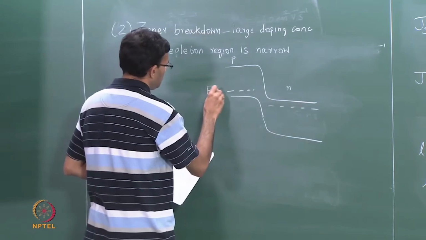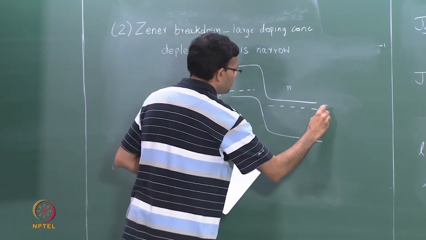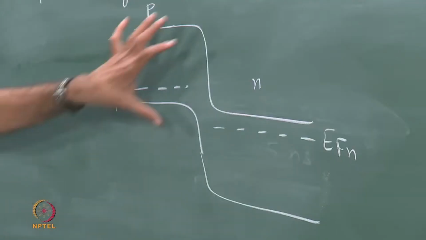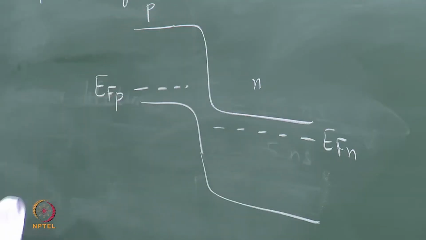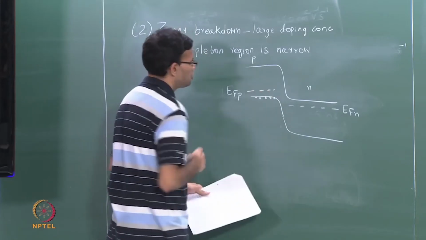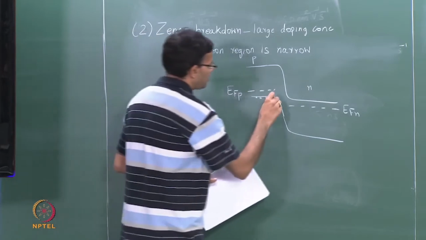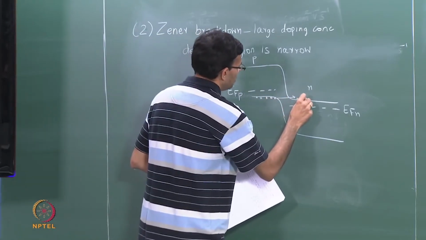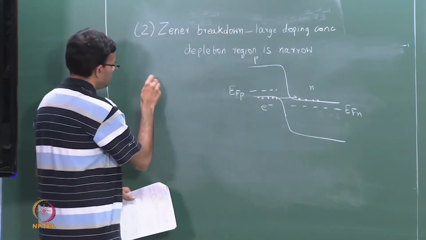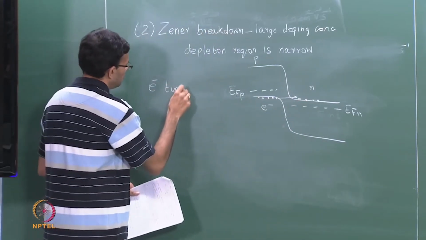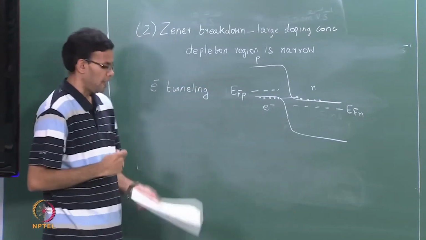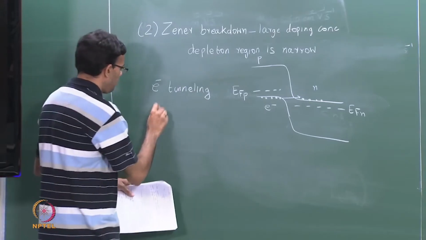These are the Fermi levels. So, we are in reverse bias, so that there is a large barrier, but because your depletion width is small, you can have electrons tunneling from the P to the N. So, this electron tunneling is called the Zener effect.